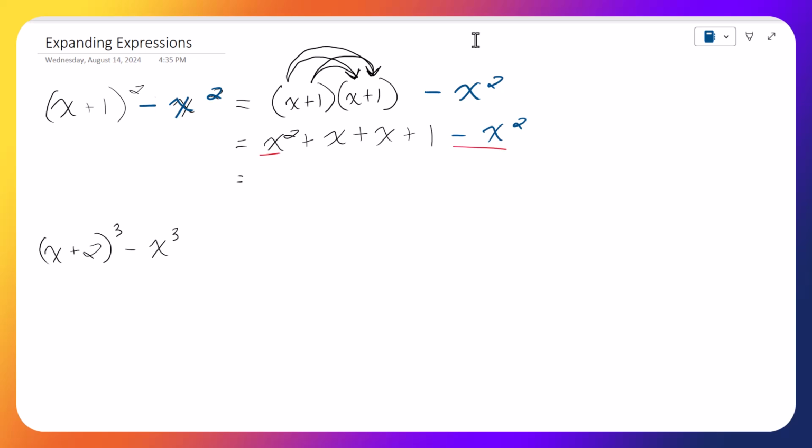We also have x plus x, so x squared minus x squared goes to 0, so that goes away. X plus x is 2x, and we have a plus 1 left. So we expanded that to get 2x plus 1.